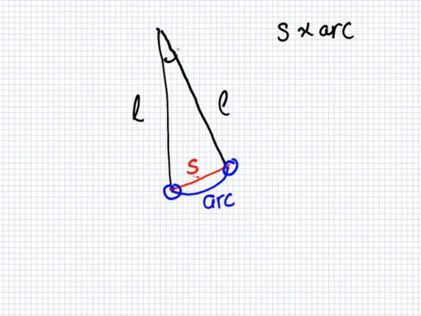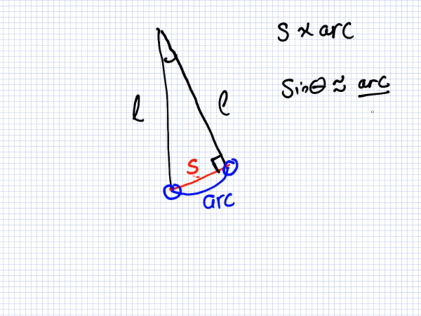True? Yeah. Now, sine theta is roughly equal to the arc divided by, and if I make this 90 here, what's the hypotenuse?